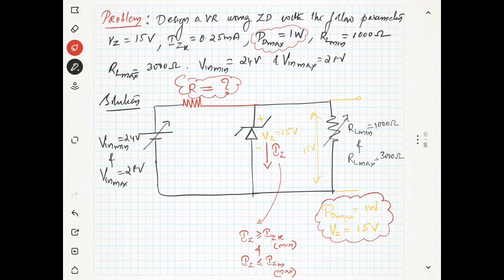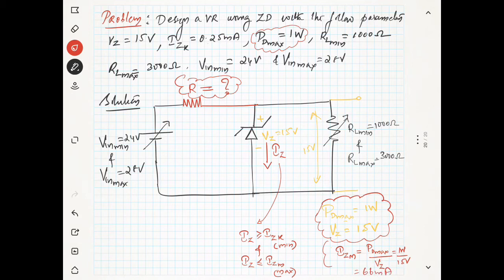Now you know the power and you know the voltage, so you can find the maximum current. IZ maximum is equal to PD max divided by VZ. This is nothing but 1 watt divided by 15 volt, so you will get this as 66 milliampere.